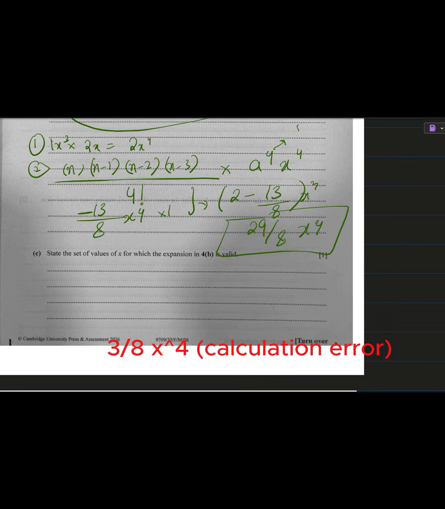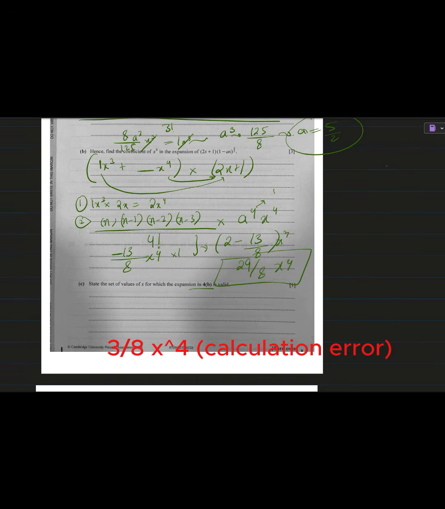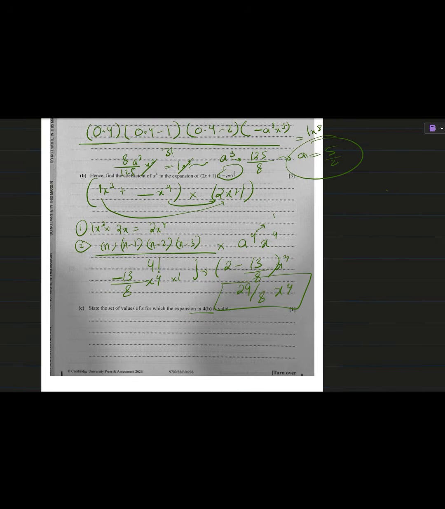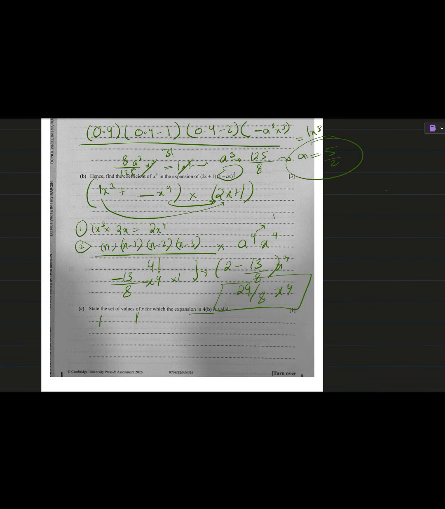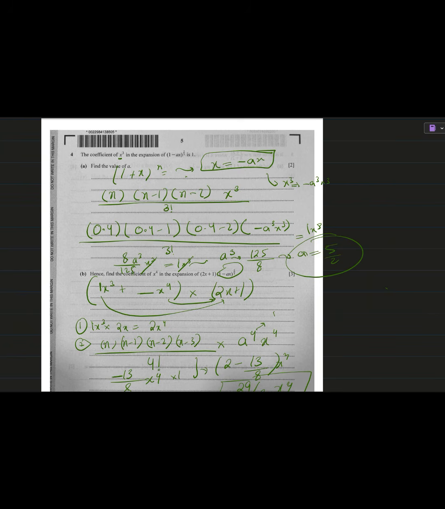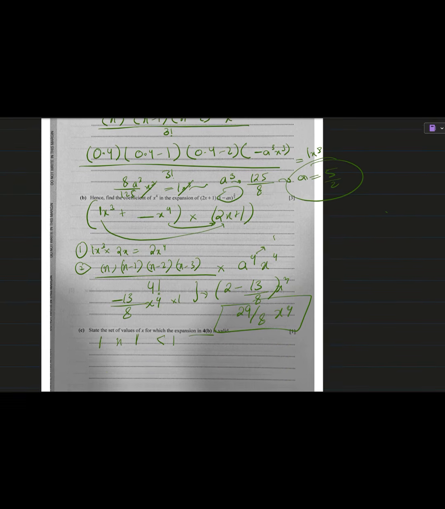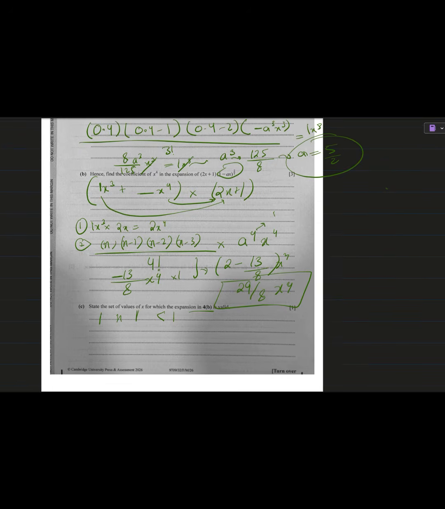Moving on to C, state the set of values for x for which the expansion of 4b is valid. So the expansion of 4b would be valid when this is valid, and for the binomial to be valid, we know that the mod of x would be less than 1. So here the x is minus a, so minus ax, and a is 2.5.